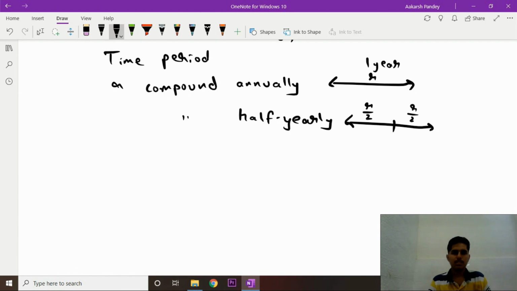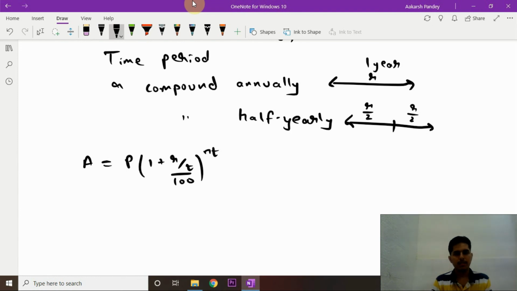If you still don't get the point, well, your formula will change by a small bit. I'll take the case for T times a year, as in your money is compounded T times. So your amount will actually turn out to be P times 1 plus R by T upon 100 the whole raised to n times T.